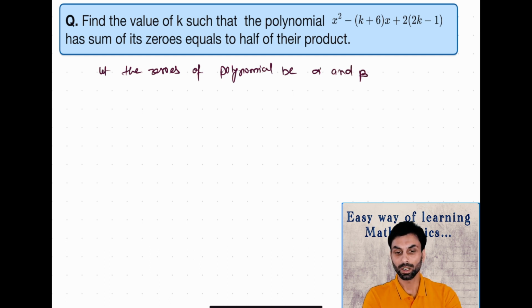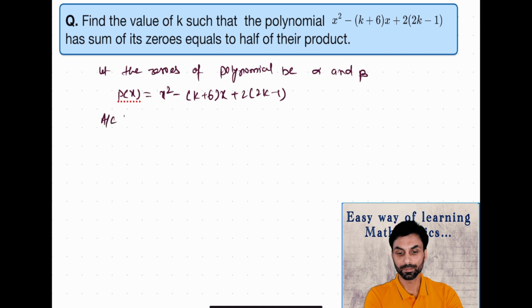Here it is given that the sum of its zeros is equal to half of their product, and we have a polynomial. Here we'll take p of x equals x square minus (k plus 6) times x plus 2 into (2k minus 1).